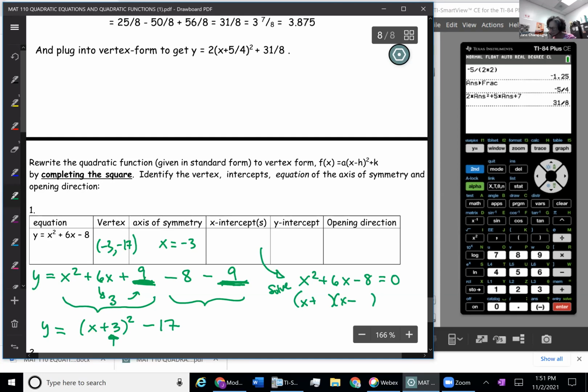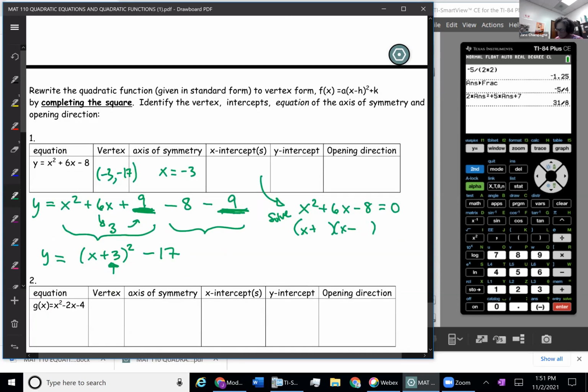Factors of 8 whose difference is 6? I don't think so. So then, again, you've got the two other options, completing the square or quadratic formula. But look, we already completed the square right here.